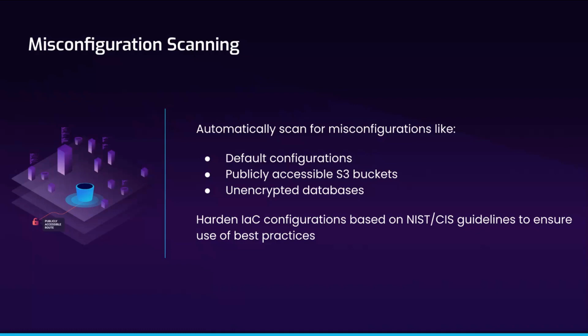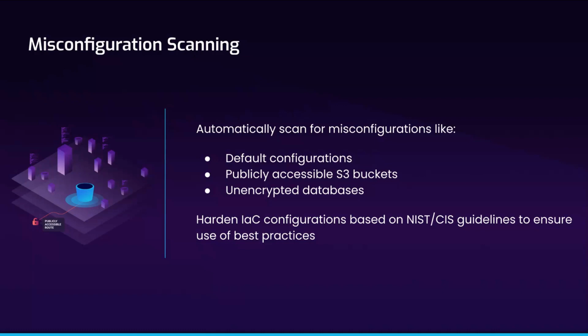Examples that come to mind of issues that can be found during this scanning are, one, insecure default configuration. For example, if you have a cluster namespace that uses a default name and which is insecure, this is a very common example of bad practice configuration. Another example can be that you're using an S3 bucket that is publicly accessible, and as such, its content can be stolen. This kind of goes back to some of the breaches that we mentioned at the beginning of the webinar.